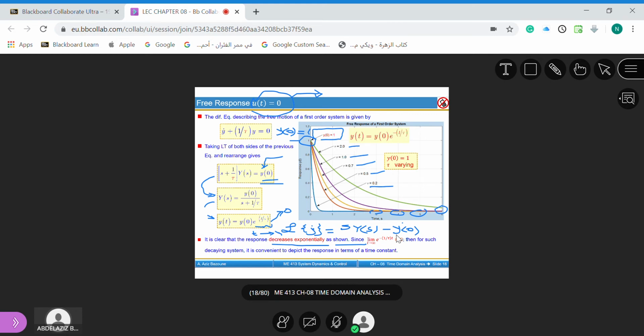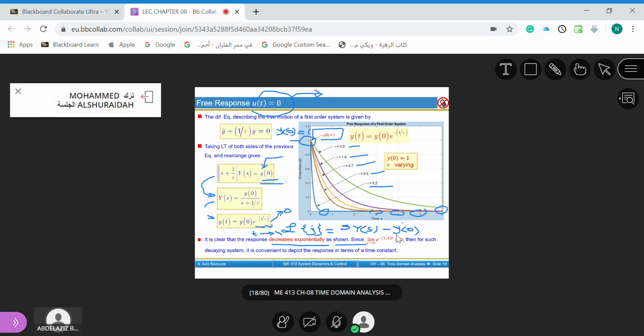So when the value of tau increases, exponential minus t over tau decreases more slowly, and the response will be slower. The smaller the value of tau, the faster the response you will see. The response will go faster to 0, to the steady state value. If you increase tau, it will get slower.